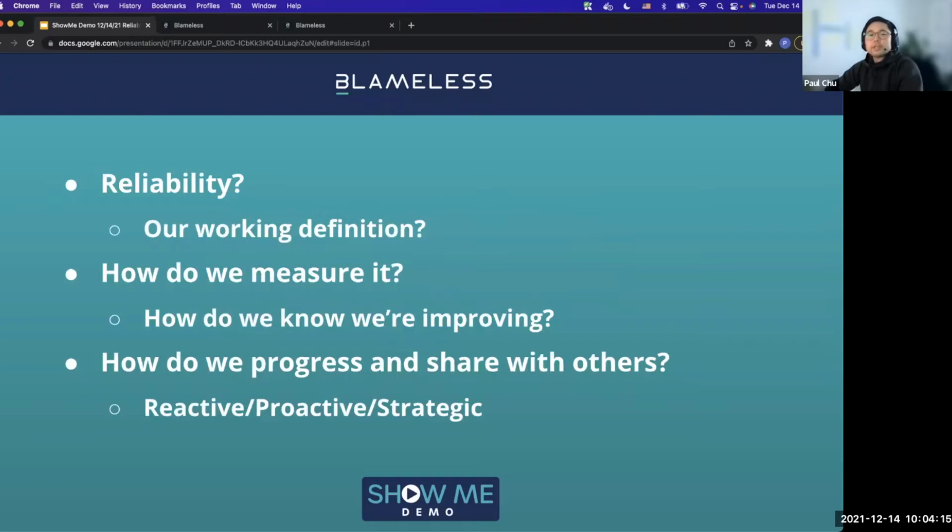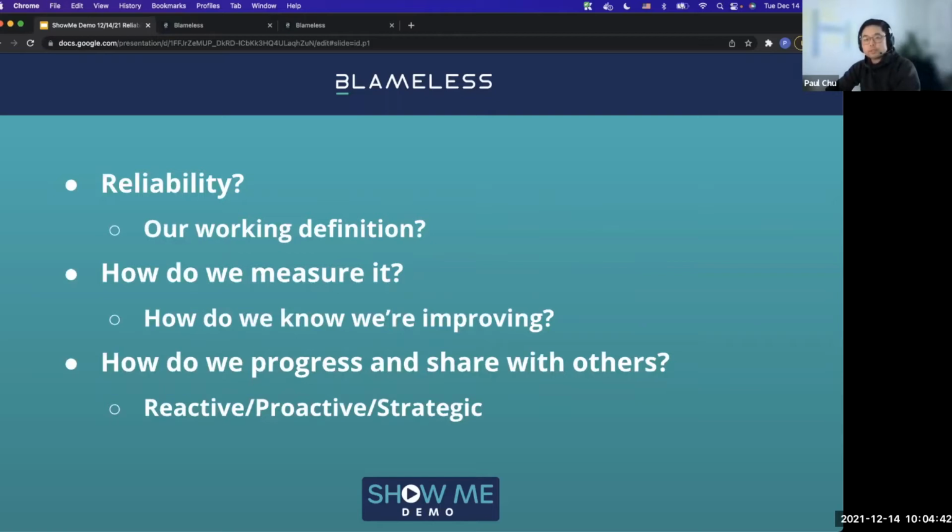So here's the agenda: reliability. What's our working definition of reliability? So we're going to be focusing on that. How do we measure it? So how do we know that we're improving, right? In addition to identifying these metrics that are deemed important and provide indicators of health, how do we know that we're improving while tracking those metrics?